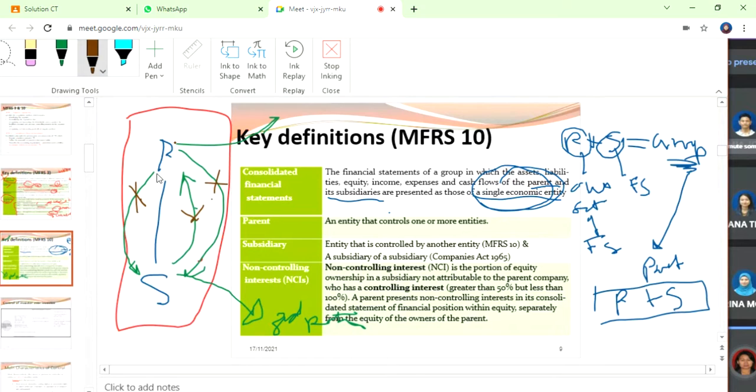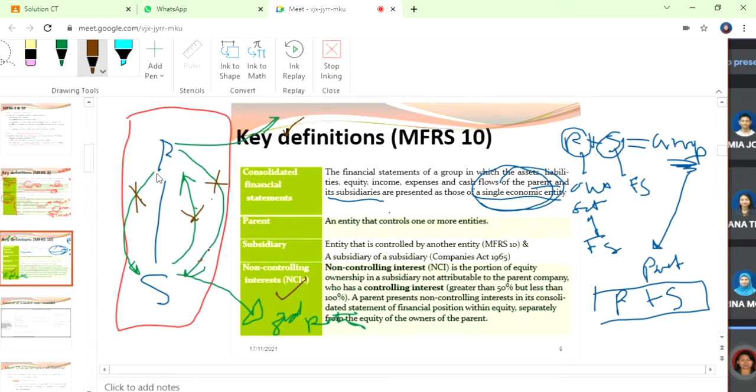But the transactions of the entities with outside parties, you see the arrow going out to outside parties, these are maintained. In other words, the group account will show only transactions of the group with outside parties. So anything between them you must eliminate.